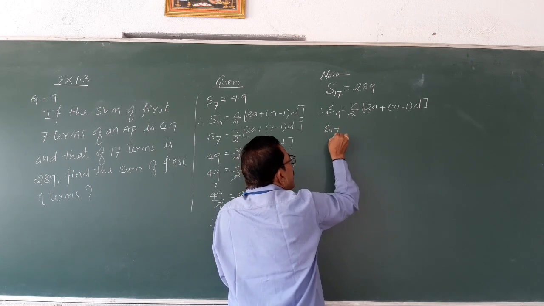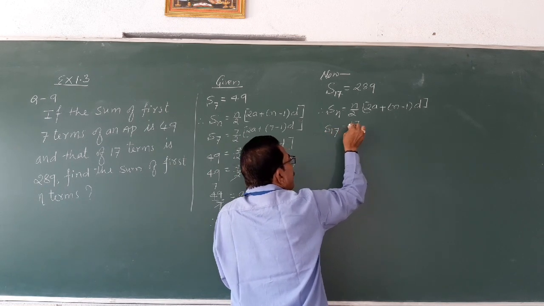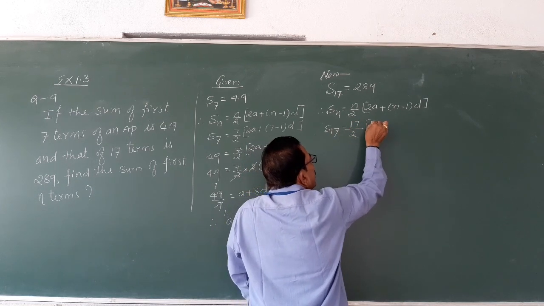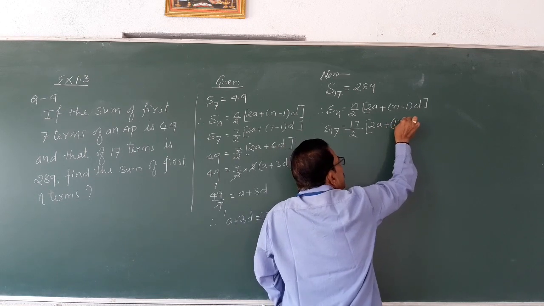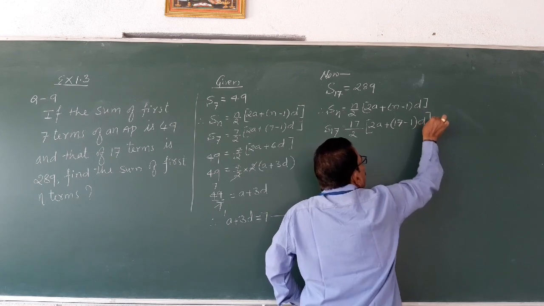S17 equals 17 by 2 in the big bracket 2a plus 17 minus 1 into d.